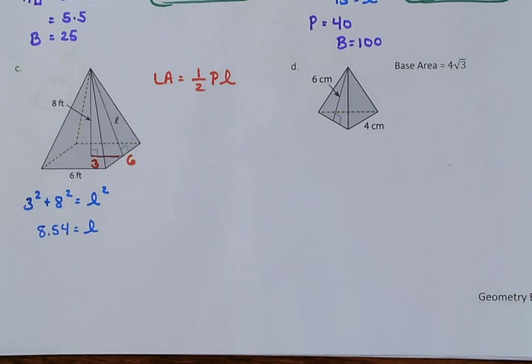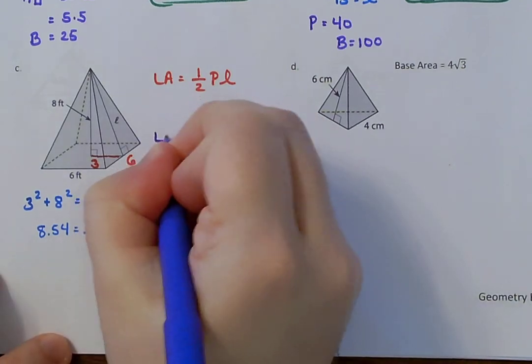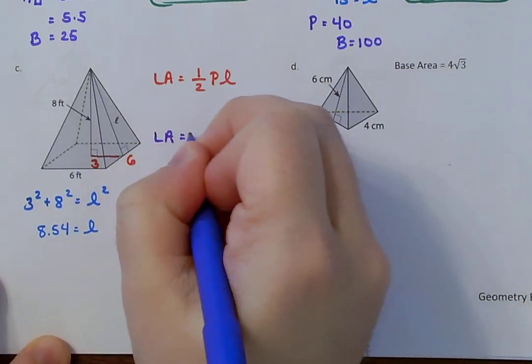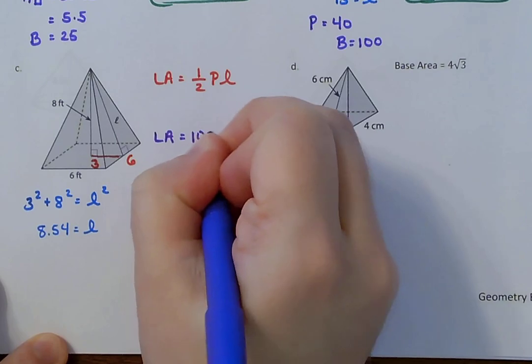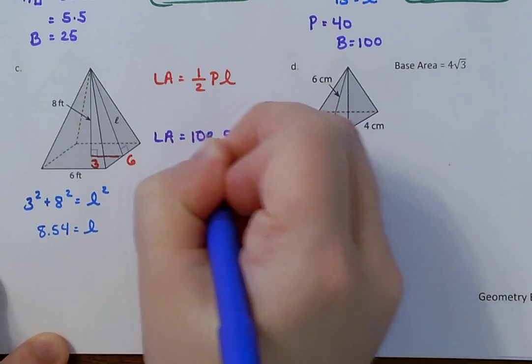You need to figure out the perimeter of the base, so add up all 4 sides of the base and then plug that into your formula. If you want to check to see if you have the right numbers and are calculating correctly, you should get a lateral area of 102.5.